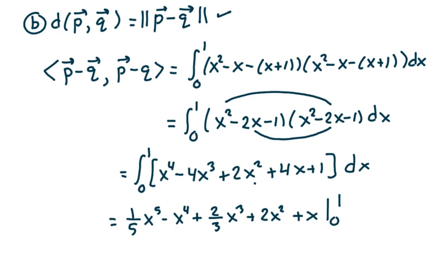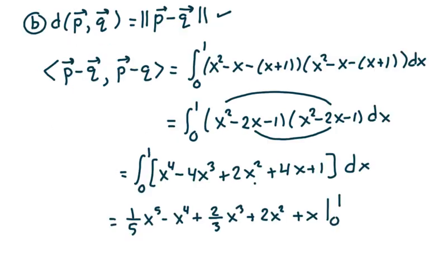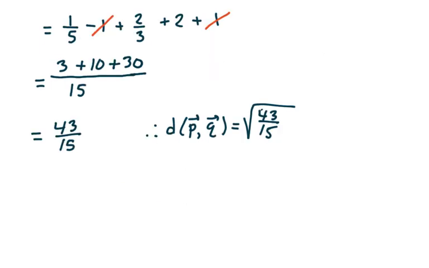And we're evaluating from 0 to 1. Plug that in. So let's go back. Now notice, wherever I see an x, I'm going to pop a 1 in its place, right? And when I do that, I get 1/5 minus 1 plus 2/3 plus 2 plus 1.